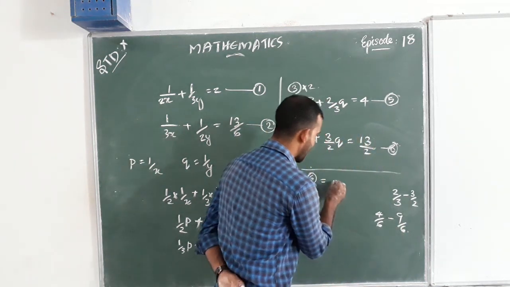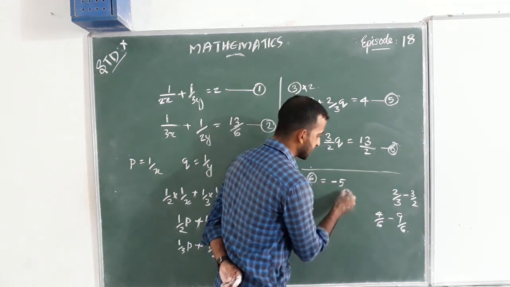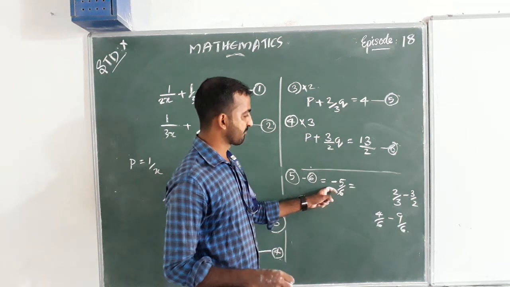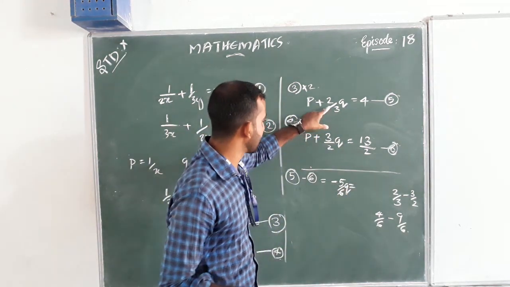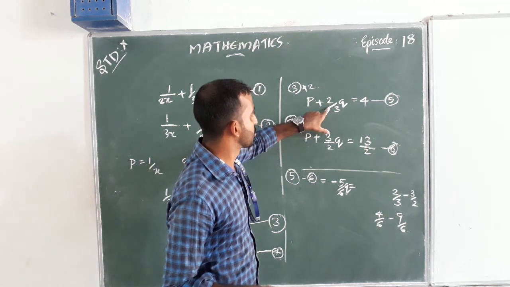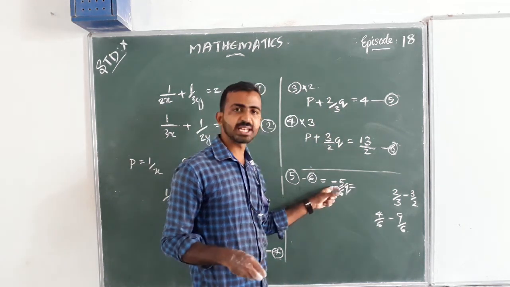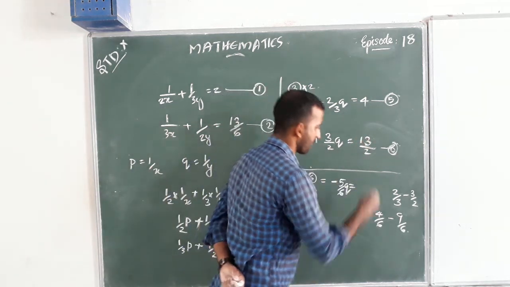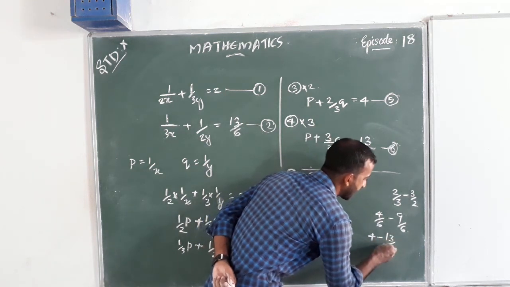That is negative 5 by 6 q. When we subtract 2 by 3q minus 3 by 2q we get negative 5 by 6 q, and here is 4 minus 13 by 2.